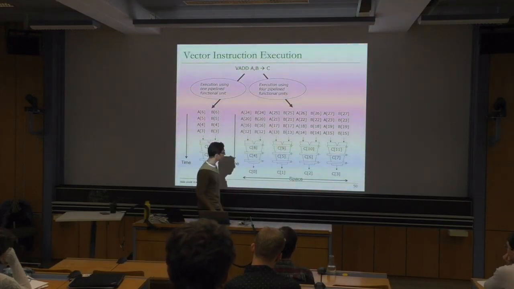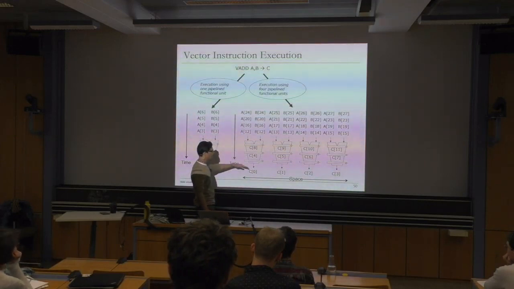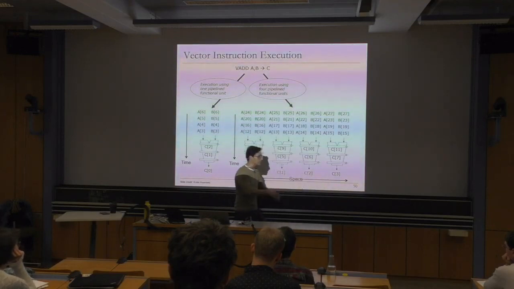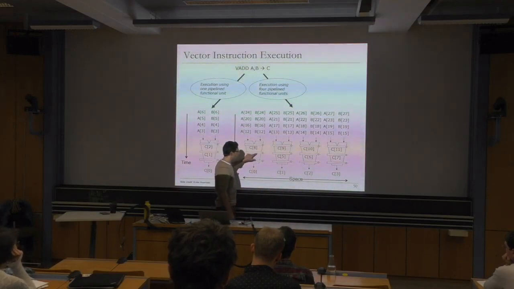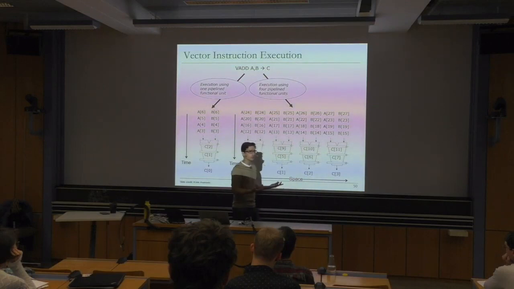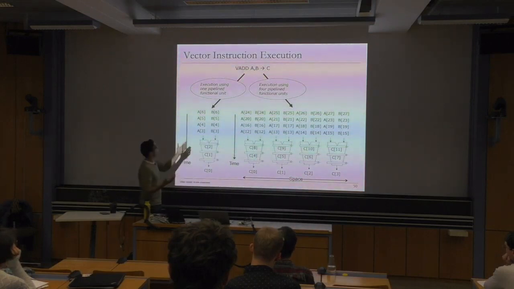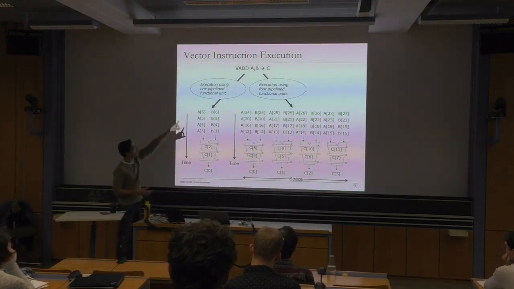Observe that in the very first cycle we can issue the addition for calculating C0, 1, 2, 3. In the next cycle, 4, 5, 6, 7, and so on. This way, the program is exactly the same: V at A plus V, store the result in C. The way that we really execute this on the hardware depends on the hardware.